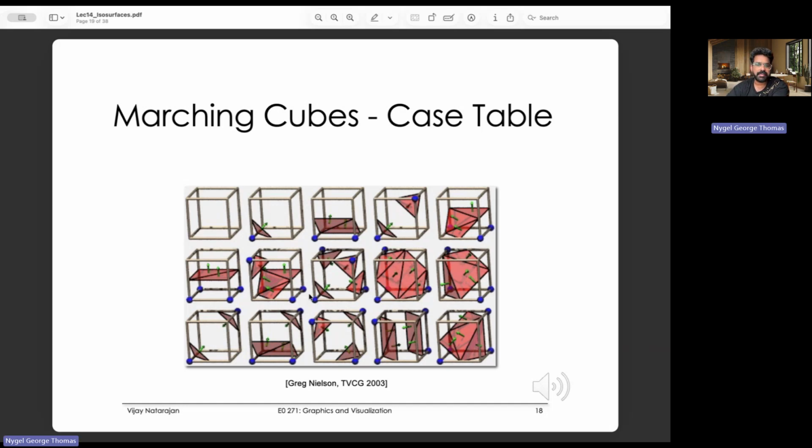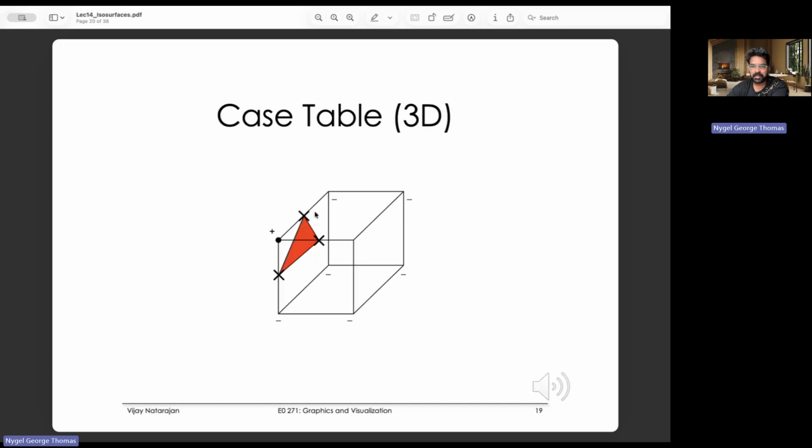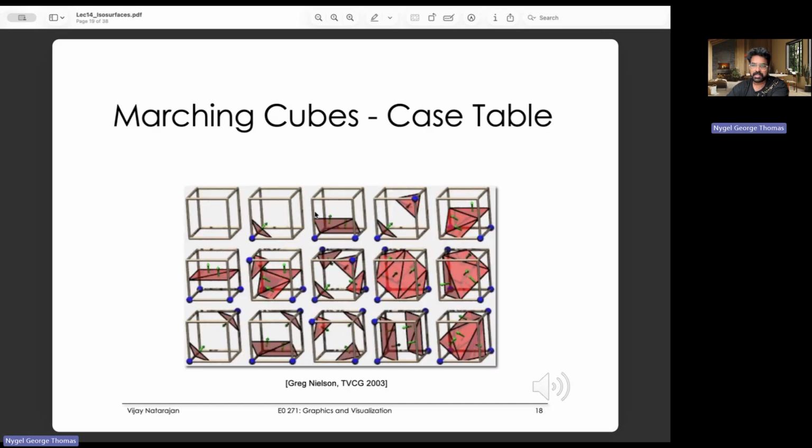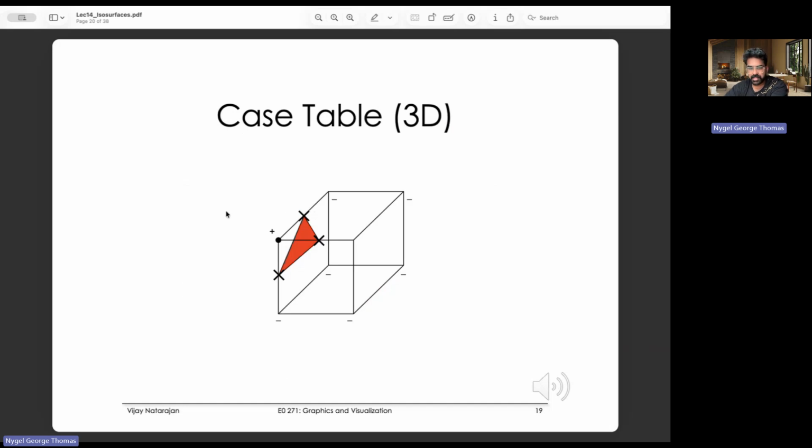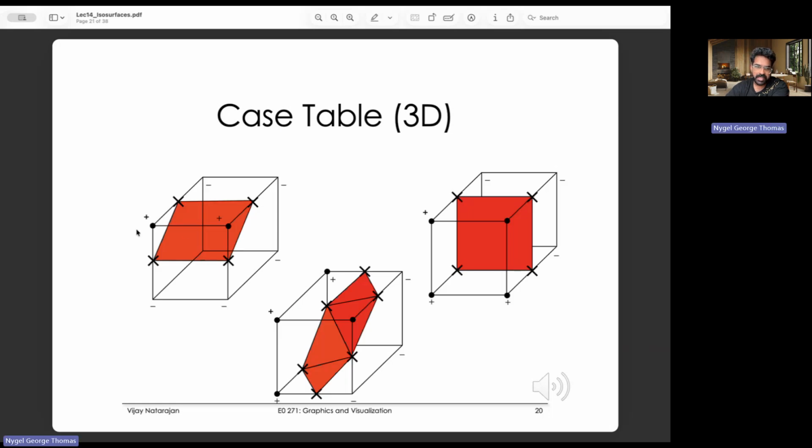Using these tables and based on the configuration of how the plus and minus signs are distributed, we obtain the isosurfaces. So let's look at some cases. For example, this is where we have one plus here and all are minuses. So we have three isopoints, and this will be joined by a triangle. There are other cases where we have two pluses and all others minus.